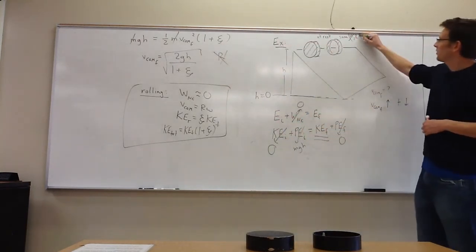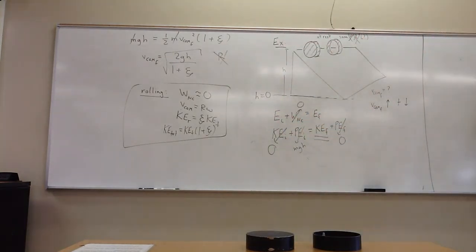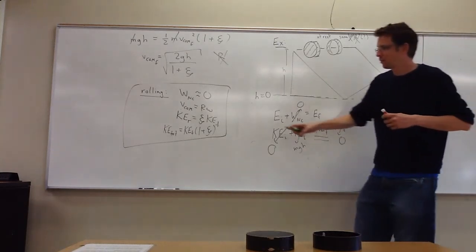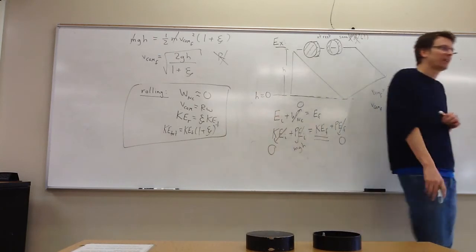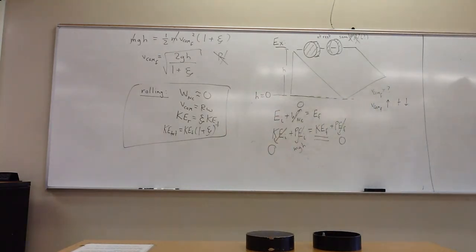So that doesn't matter either. They don't have to have the same mass and radius. Where did the r go? The r actually canceled way back in my derivation of this equation. If you look, the r went away. And anytime something cancels, it means it doesn't matter in the answer. Okay?